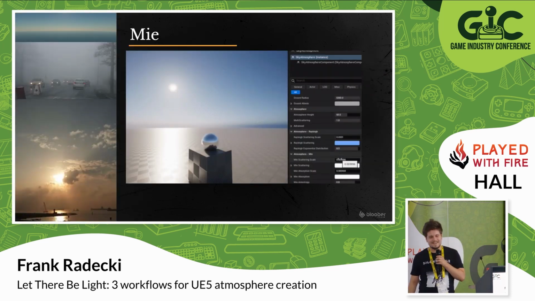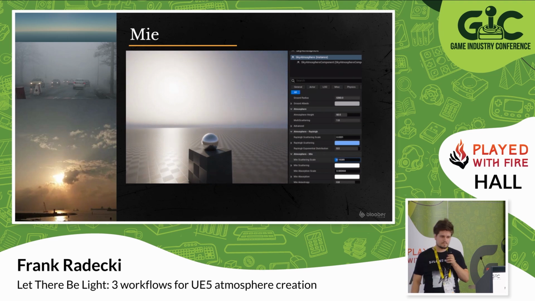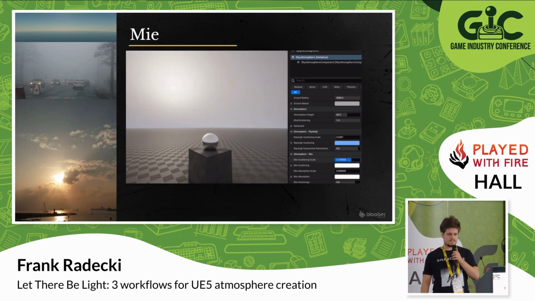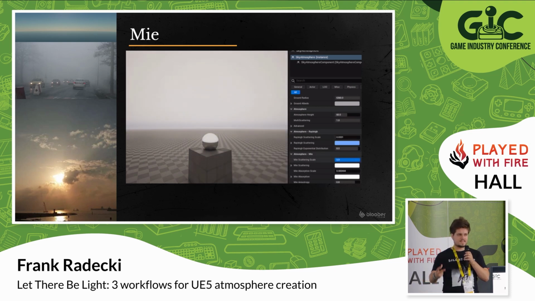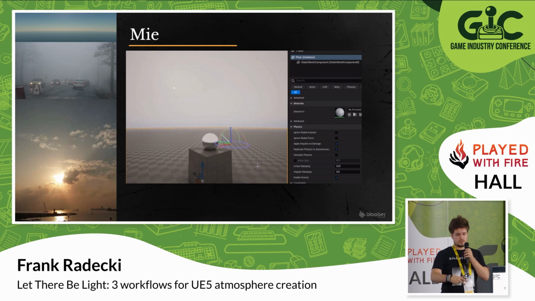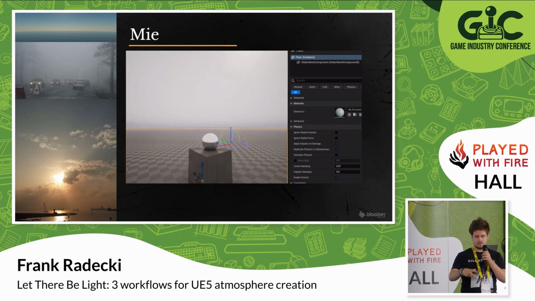rayleigh is for you. There's mie scattering. So mist is like really dense fog, or overall when the light of the sun comes through cloud. And of course, you can do it also by fog, so you can increase your volumetric fog amount on the scene.